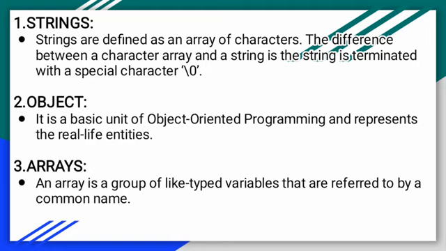An array is a group of similar type variables that are referred to by a common name. So rather than using a number of variables, we can use one variable and store n number of values. That is an array of the same data type. So this is a brief explanation.